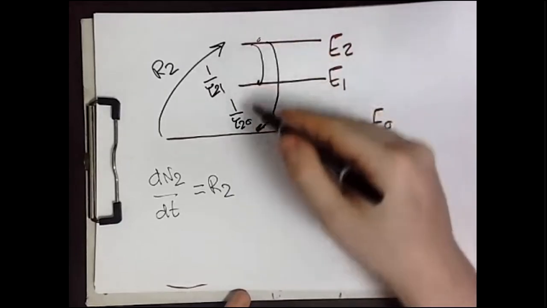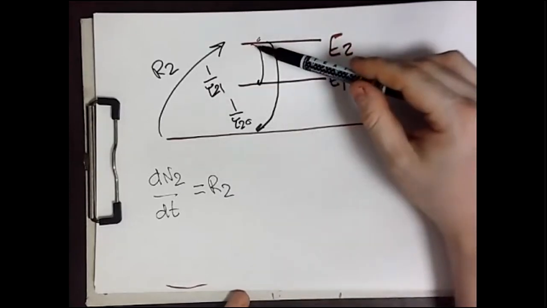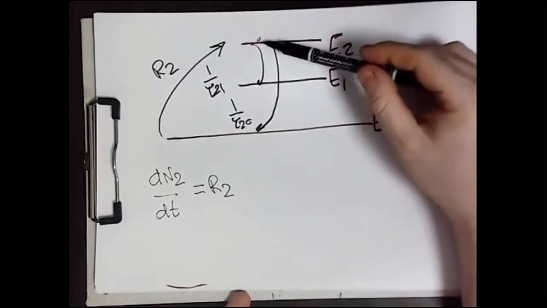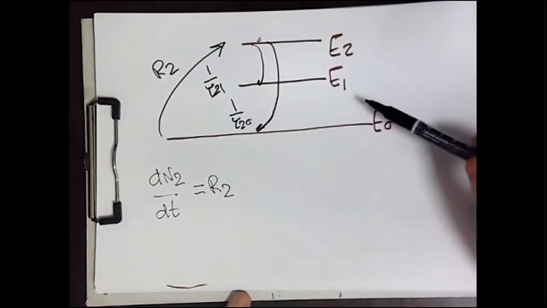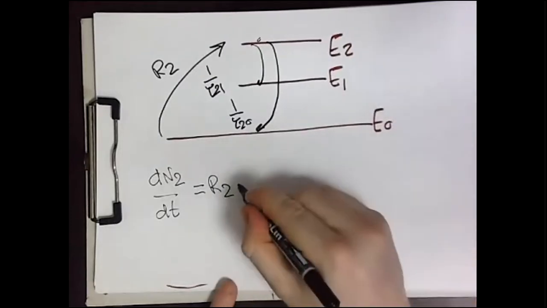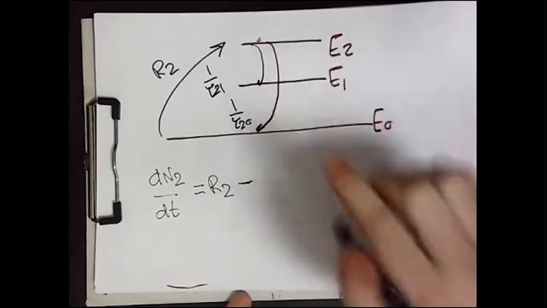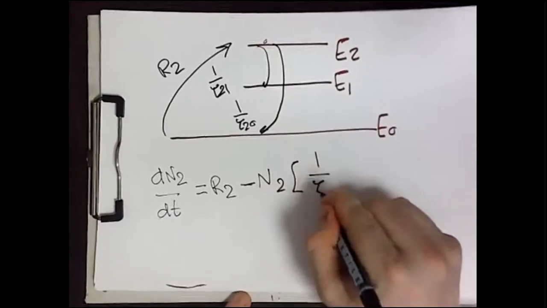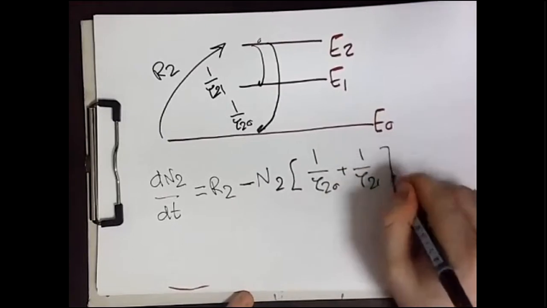So we have two sources of spontaneous emission here. Either the electron drops from E2 to E1 and creates a photon with an energy E2 minus E1, or the electron drops from E2 to E0 and emits a photon with an energy E2 minus E0. So we have here minus, because both will actually decrease the population in E2, 1 over tau 2 0 plus 1 over tau 2 1.